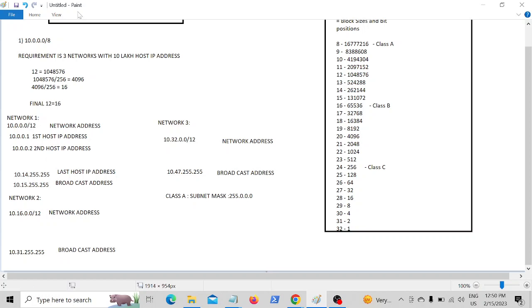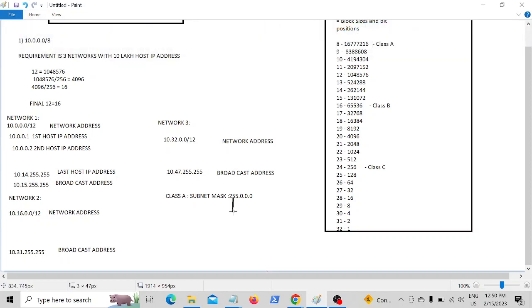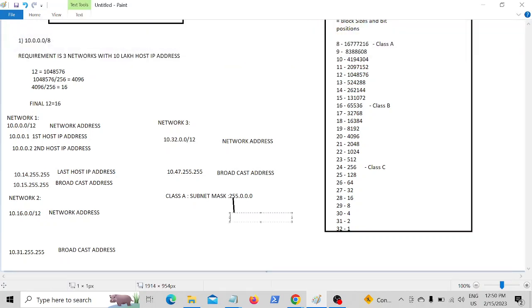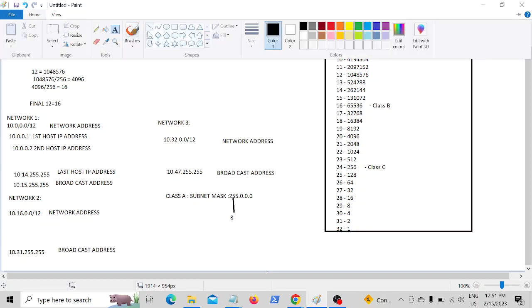This 255 is already constant, we are not going to change this number. It already has 8 bits. So the requirement is 12, right? Yes, this is 12. Now how many more values do we want?